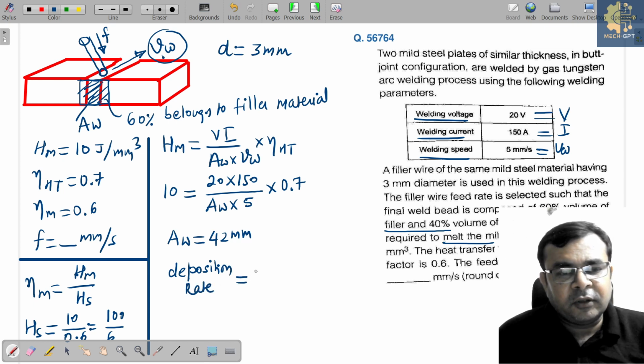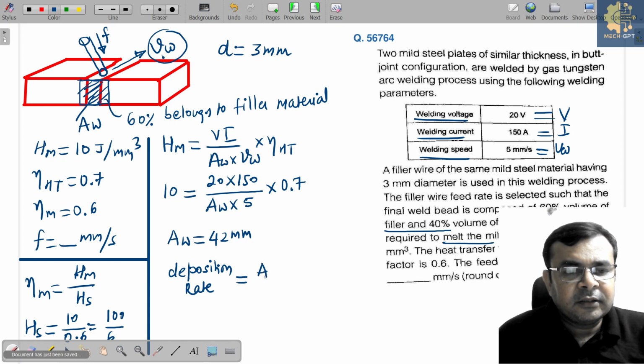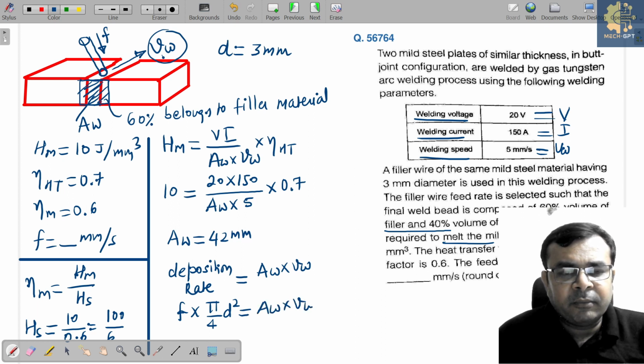Deposition rate is equal to AW into VW, and what is deposition rate? Feed rate of the filler rod into cross section area. So this is pi by 4 d square is equal to AW into VW.